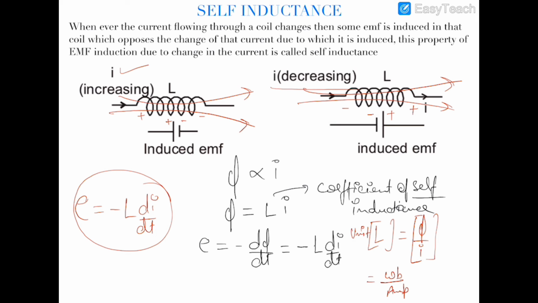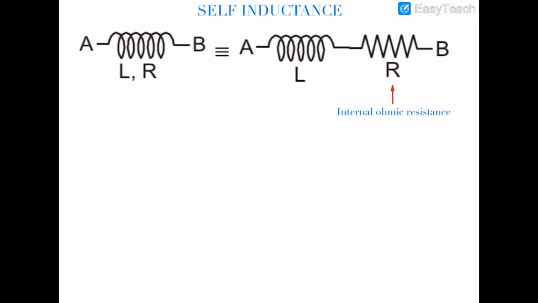Now we are moving on to the next property. First of all, we know that any wire which is molded in the shape of this coil would have some internal resistance, which is also the ohmic resistance. This signifies that whenever we are using an inductor coil, there should be some internal ohmic resistance of that coil, and that internal resistance cannot be neglected, and we have to take it into account.